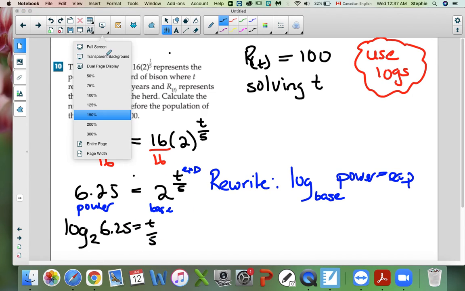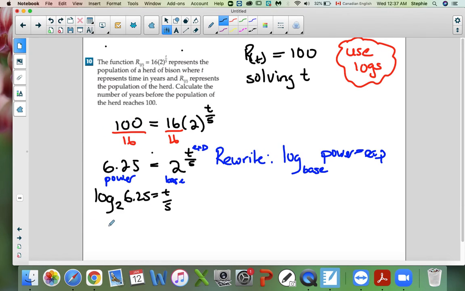And of course, on the calculator, this is going to look like this: log of 6.25 divided by log of 2. That's the calculator. Log divided by log 2, and you should get 2.643 and so on. I'll round it off.